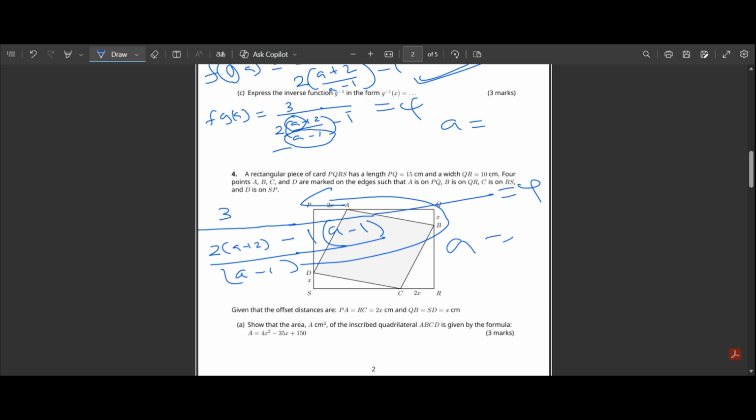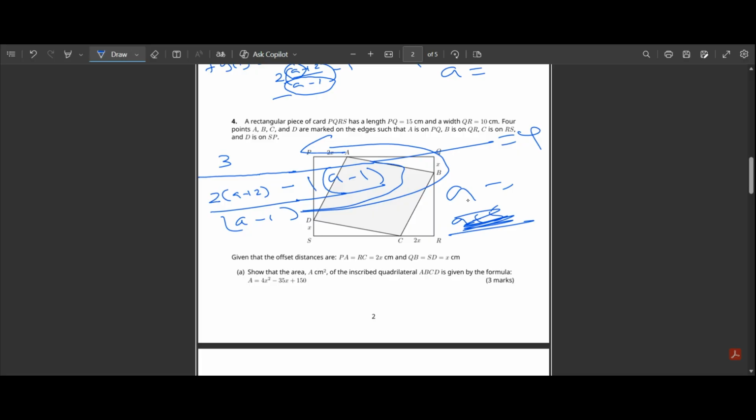Simple. So it will be like this, it will go up. So it will be 3a minus 1 divided by, so this one would be 2a plus 4 minus 1, so it will be a plus 5.